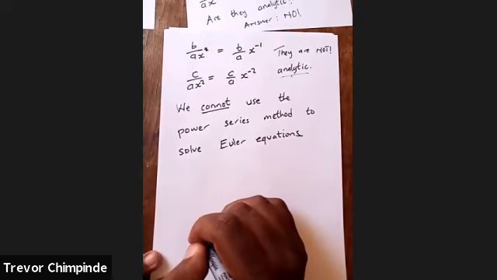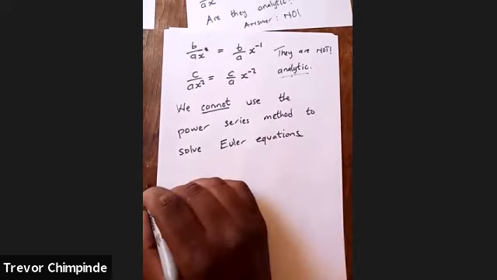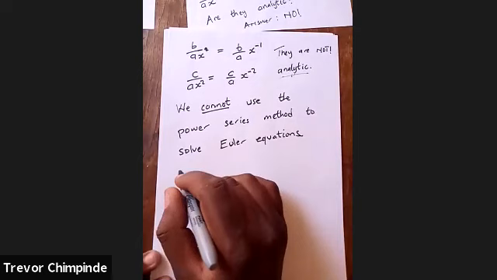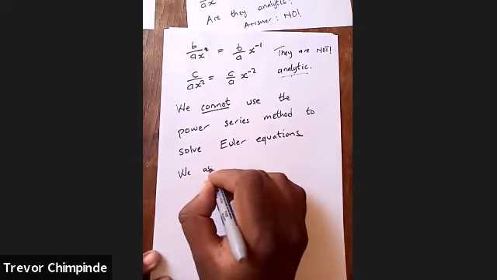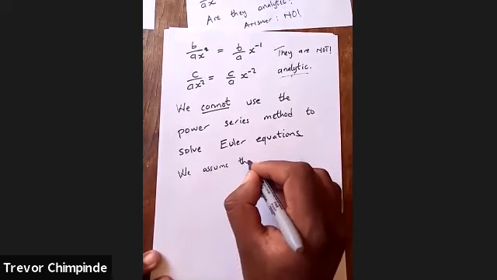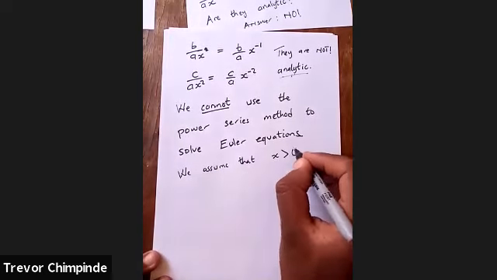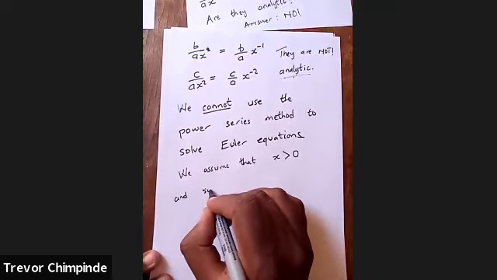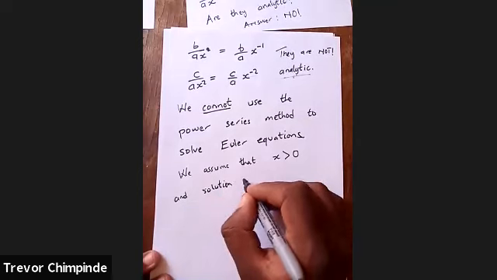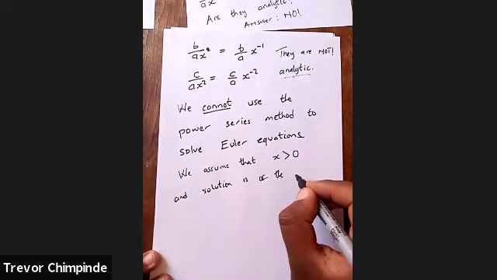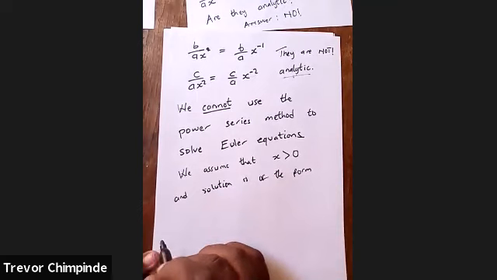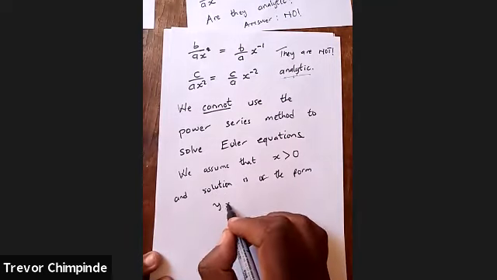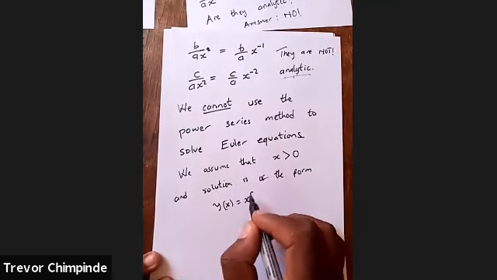We first begin by assuming that x is not equal to 0, and that our solution is of the form, not a power series, but an exponent. So the solution is of the form y of x is equal to x to the r.